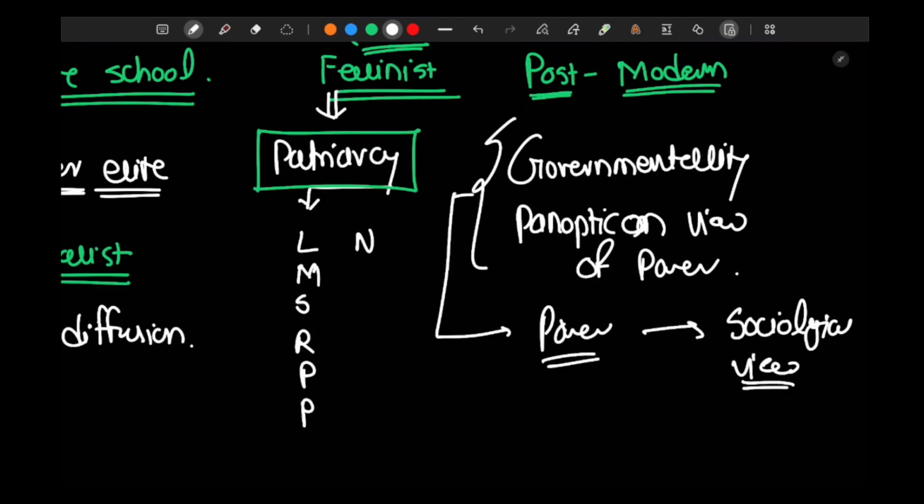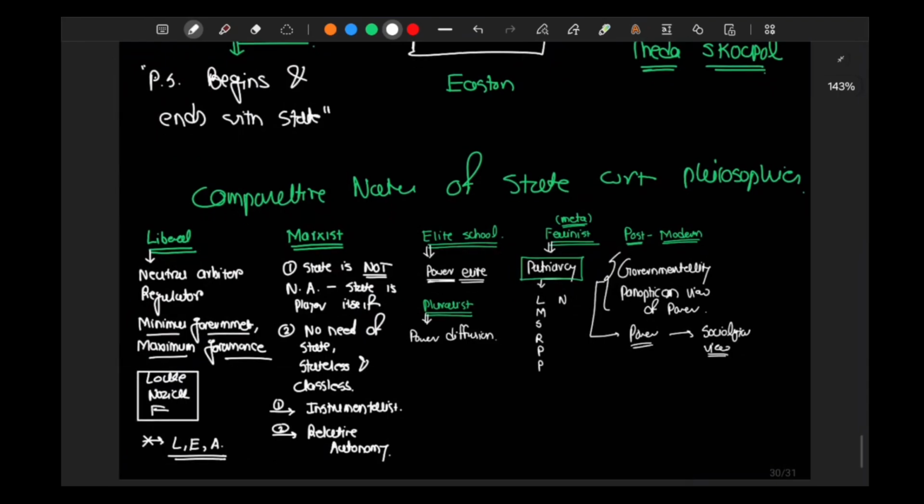The postmodern state is exercising power through things like surveys, through things like meta narratives, and you are molded in such a way that you regulate yourself. You have fear that someone is watching over you all the time. That is why you regulate yourselves, and exercise of power is very subtle. That is the idea.